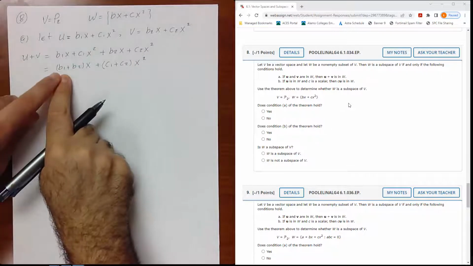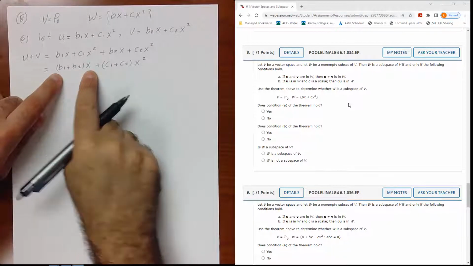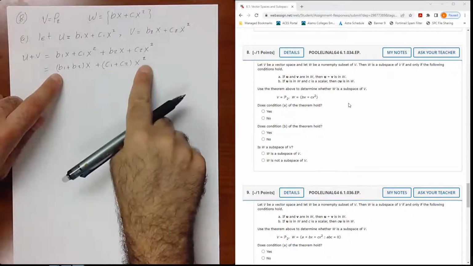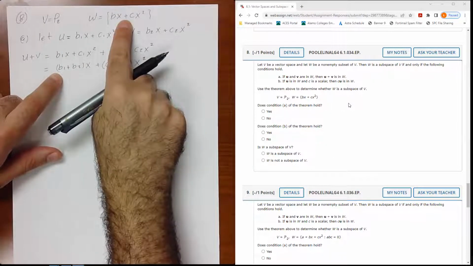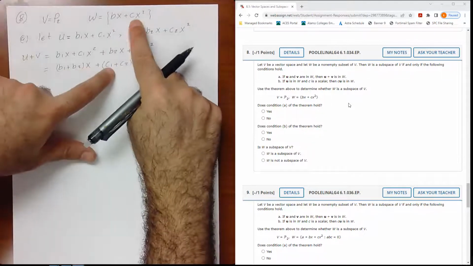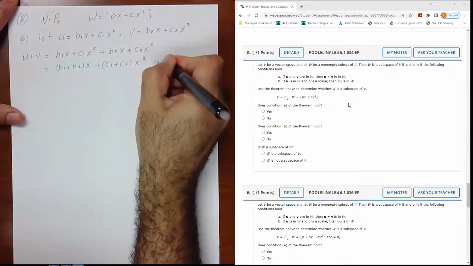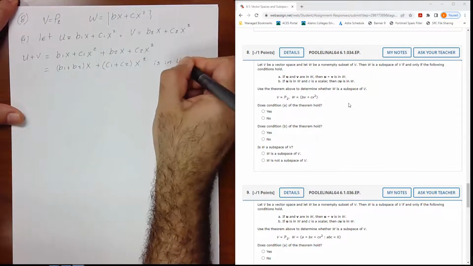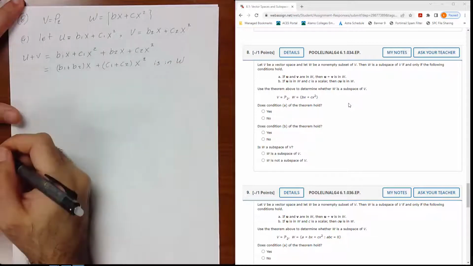This is a coefficient with the x, and here's another coefficient with x squared. That means it is exactly like any vector in W, coefficient with the x, coefficient with the x squared. So this one is in W. So in this case, the first condition is satisfied.